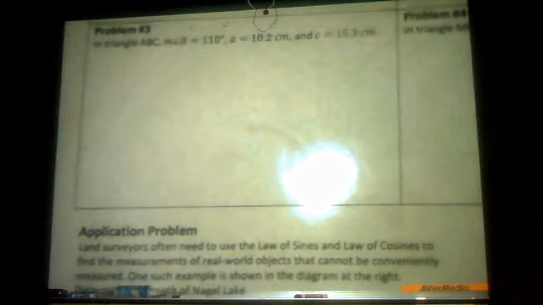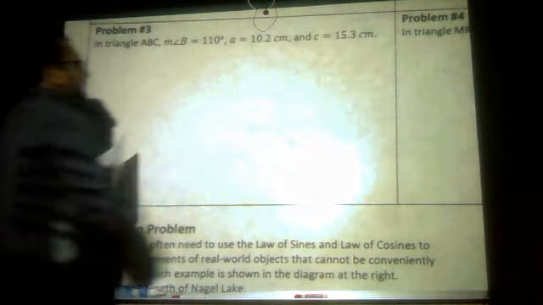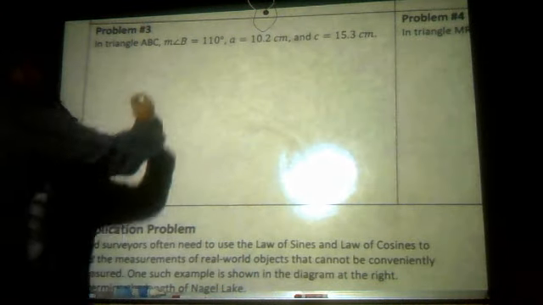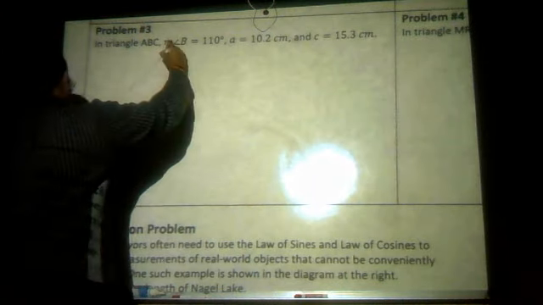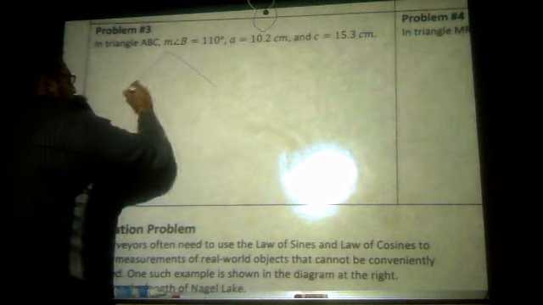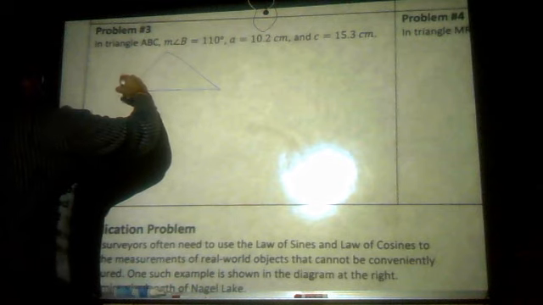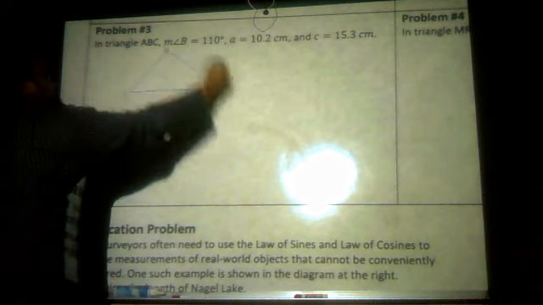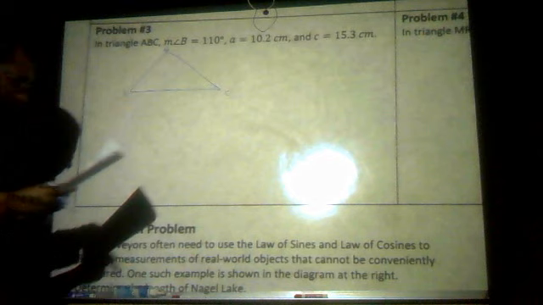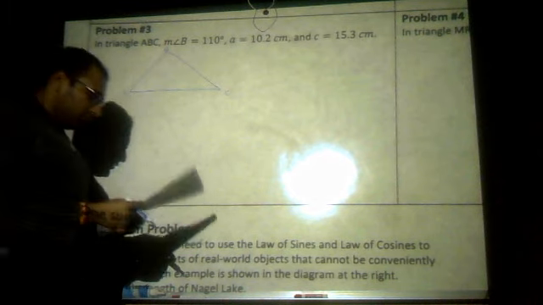Number 3 says, in triangle ABC, the measure of angle B is equal to 110 degrees. So we have another triangle, triangle ABC. Let's see what we have. What do they give us?